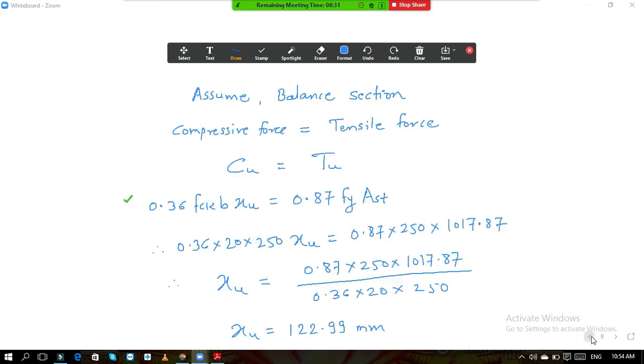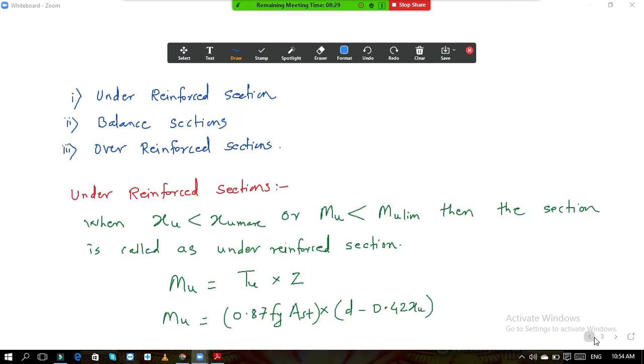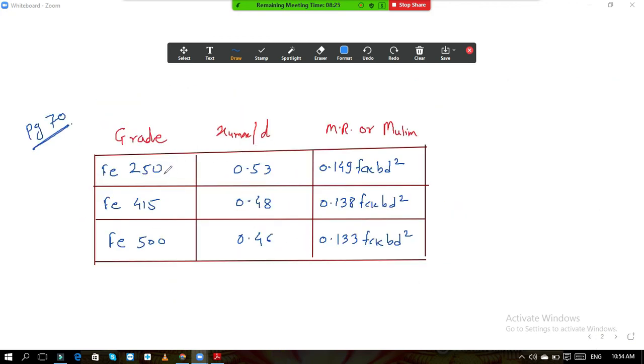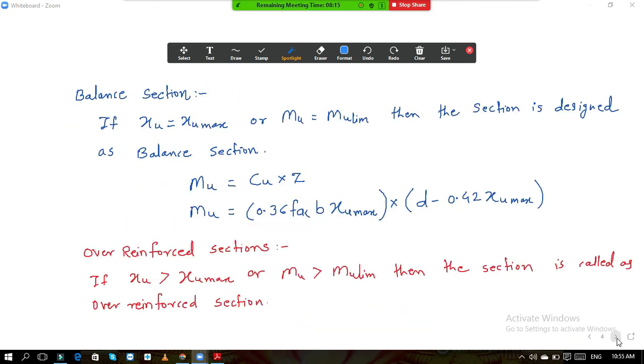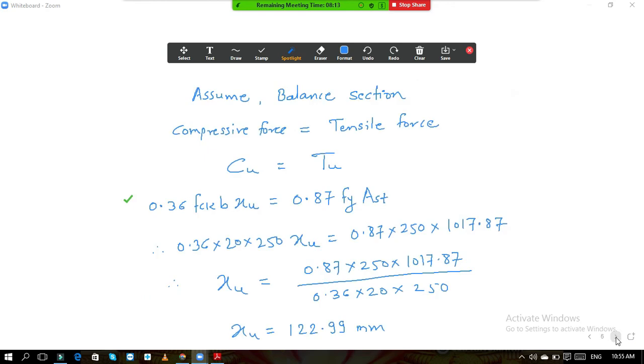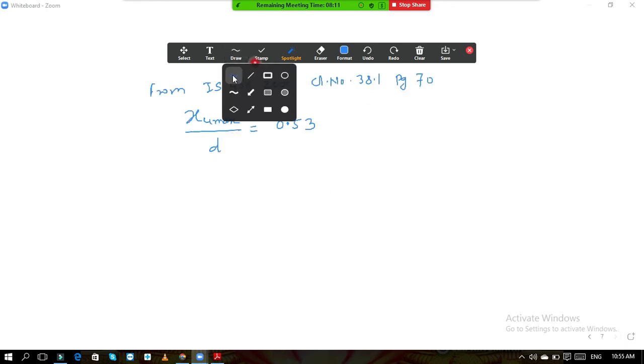This is also written in the table. Here, for Fe250 grade, the XU max by D ratio is 0.53. So from this ratio you can calculate the value of XU max.